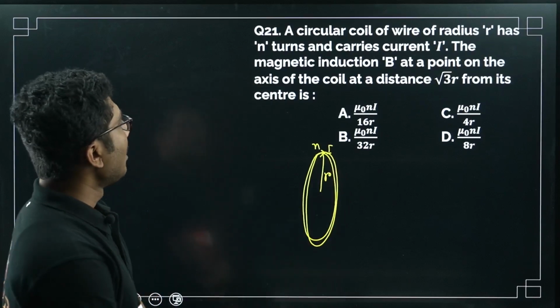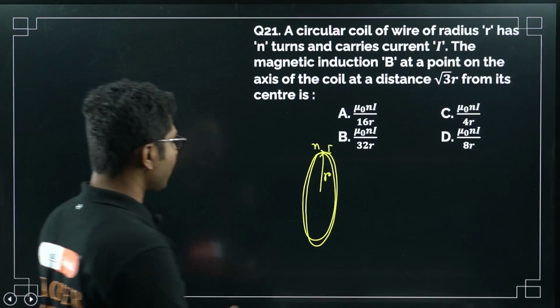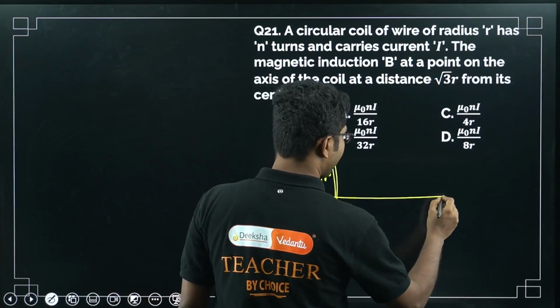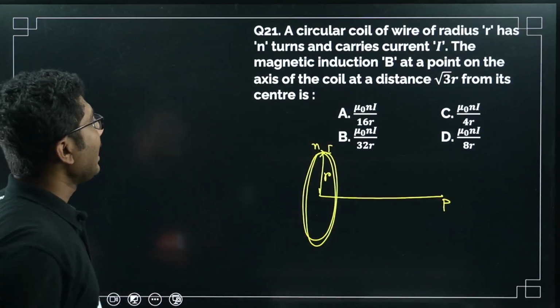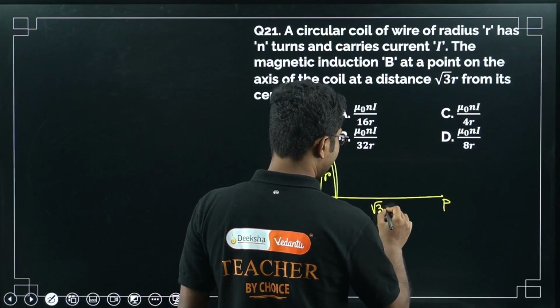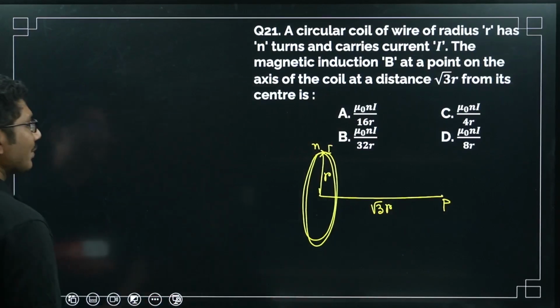The magnetic induction B at a point on the axis of the coil, at a distance root 3r from the center. So how to calculate this?